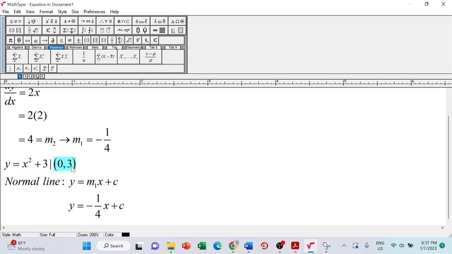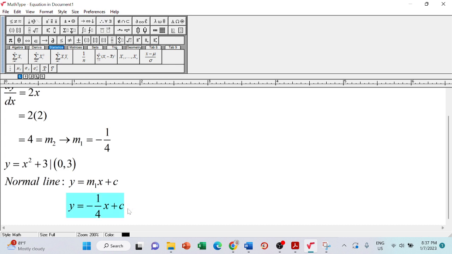So coordinate yang medium highlight ni dia boleh tukar to other coordinate. Okay, so kalau dia tukar coordinate lain, kita buat sama, kita gunakan coordinate yang diberi masuk dalam the equation. So dekat sini kita masukkan x kosong, y 3, that means c kita adalah 3.